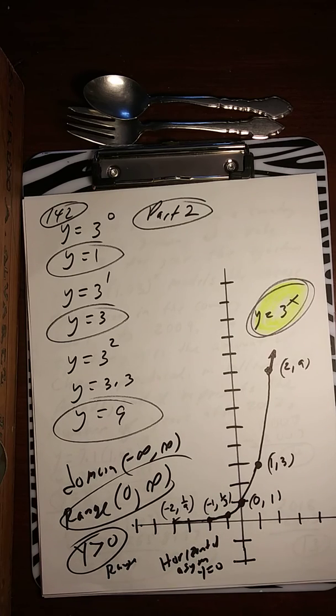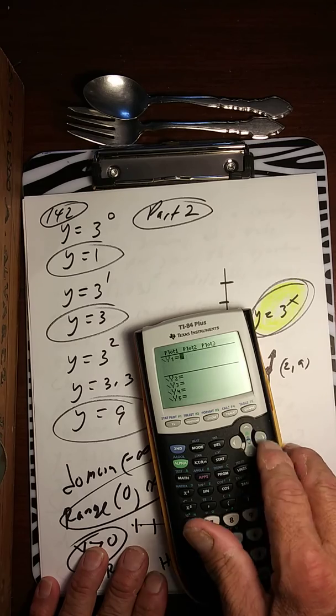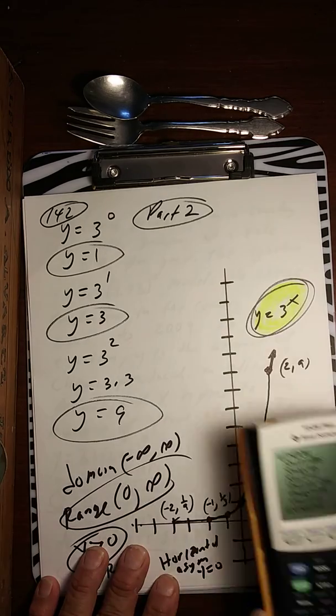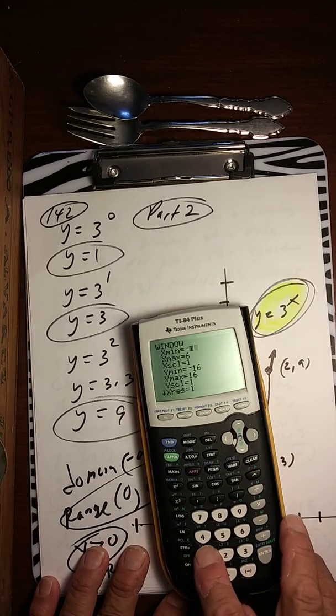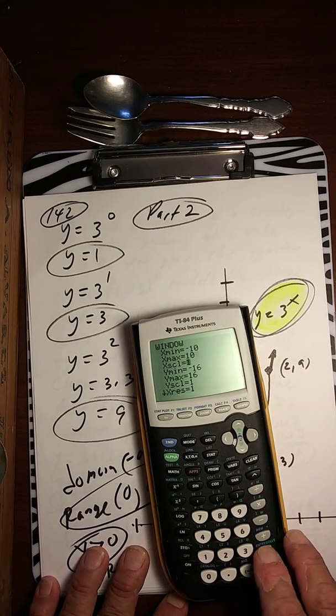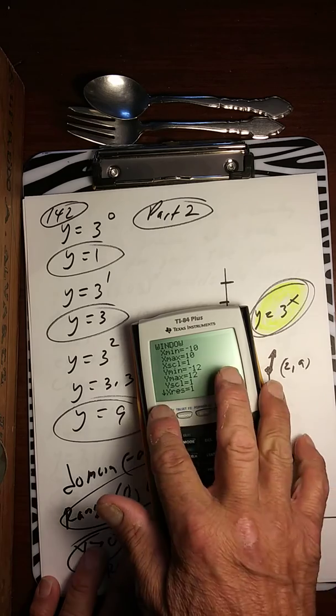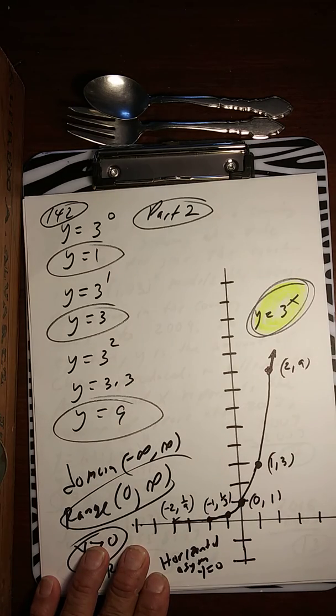Put it in the calculator? Sure. Clear this one. Let's change the window: -10, 10, -12, 12. That should be enough. So let's put in the problem, which is 3 to the x power.